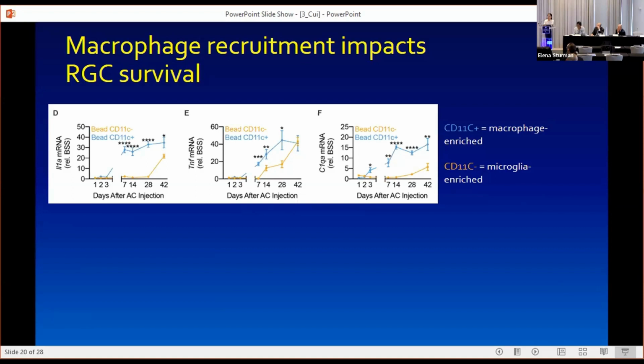There's a suggestion that these macrophages may respond a little bit faster than microglia. And this brings up the very interesting question of what retinal infiltration of monocytes, so macrophage extravasation into the retina, what role does that play in glaucoma pathogenesis?